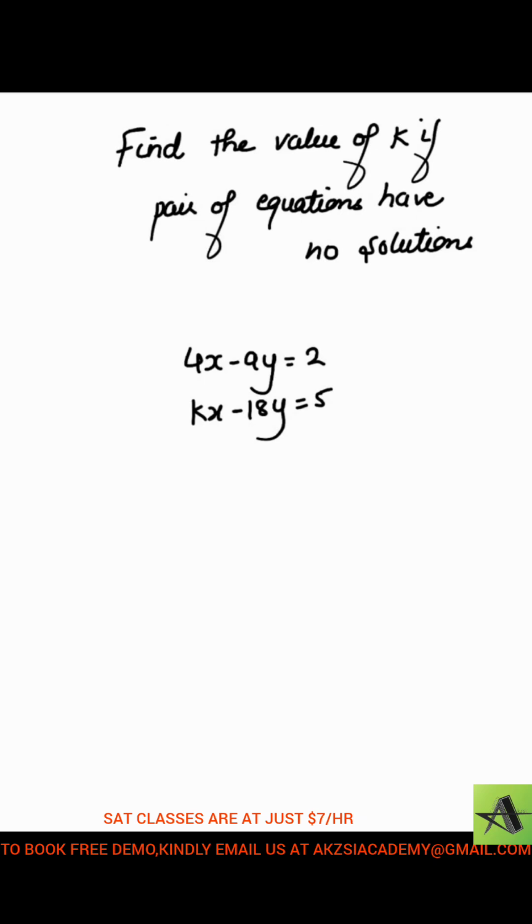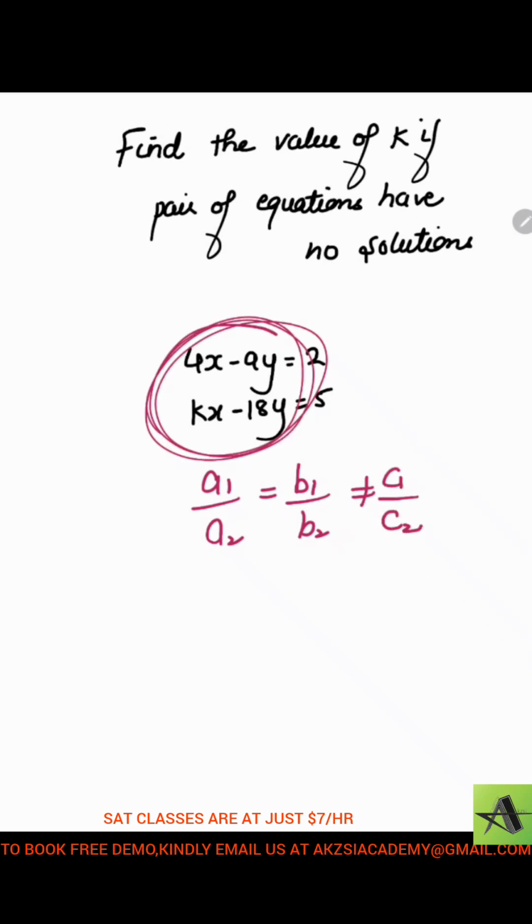It says, find the value of k if the pair of equations have no solution, where 4x minus 9y equals 2 and kx minus 18y equals 5. We know the condition of no solution is a1 over a2 should be equal to b1 over b2 and should not be equal to c1 over c2. So definitely their ratio should be equal.